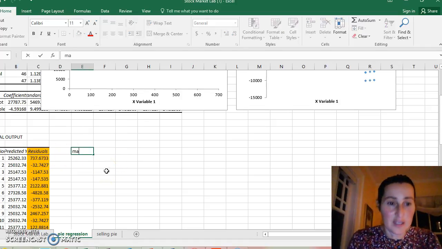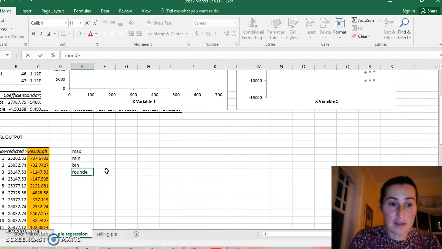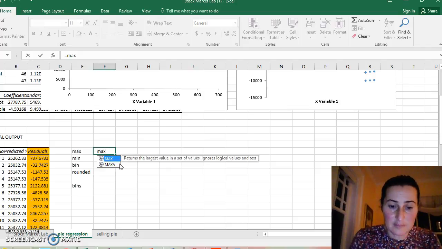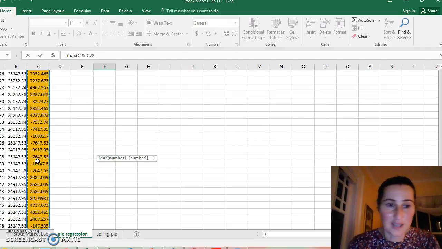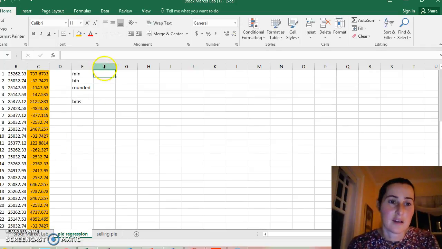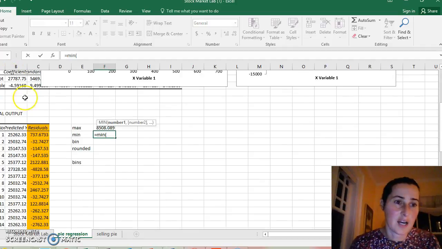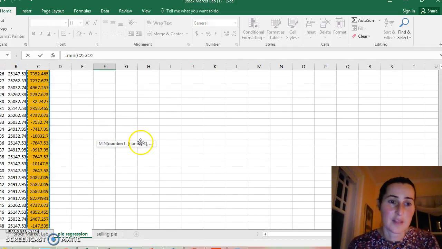So to find the histogram, we do the max, we do the min, we're going to do our bin, we're going to do our rounded bin, and then we're going to actually make the bins. Okay, awesome. So for max, it's just equal max, and you highlight that. For the min, equal min, again, you're going to highlight your residuals.